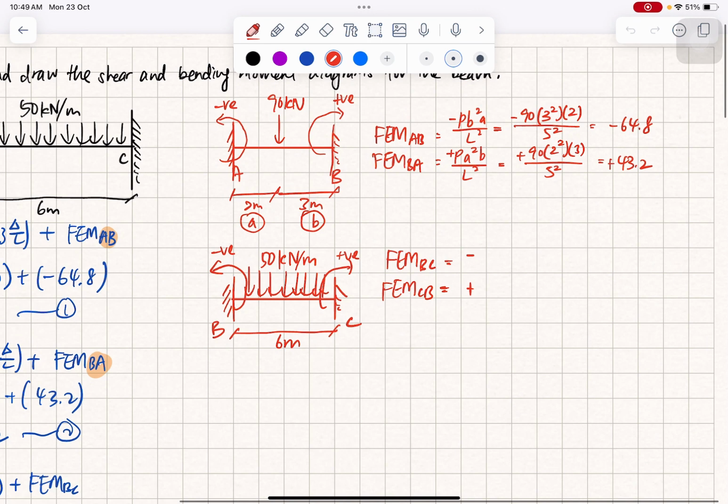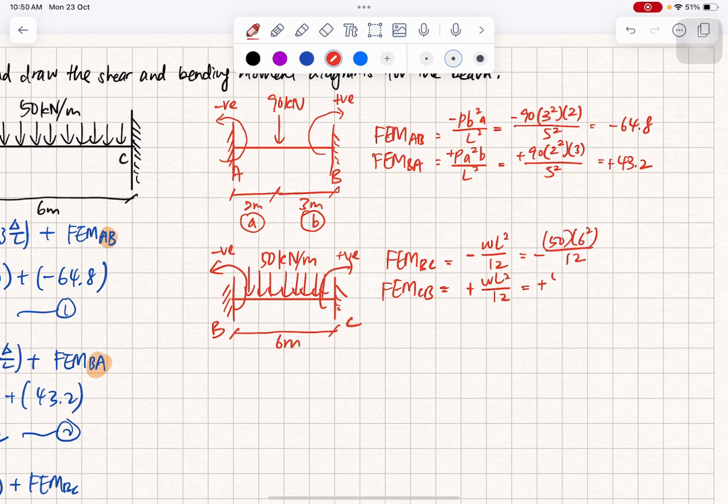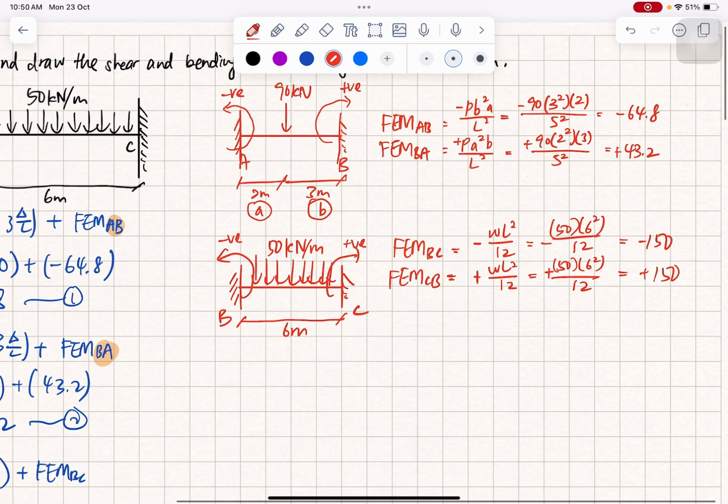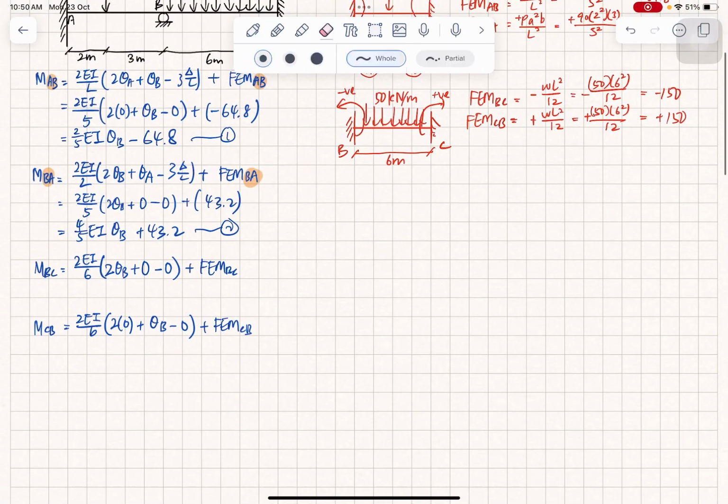So W is 50, the length is 6. This one is also the same. So you might get 150. This one is positive. So just replace it here.